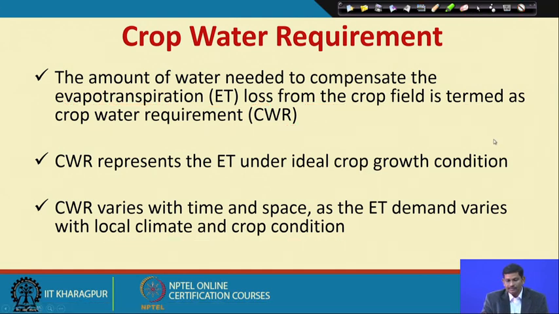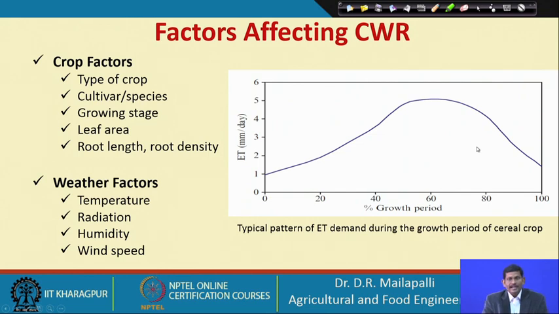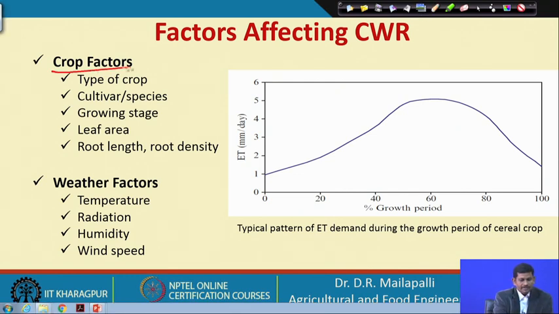What are the factors affecting crop water requirement? Mostly the factors which affect evapotranspiration also affect crop water requirement. Some of the factors are crop factors, for example, type of crop, cultivars or species, growing stage, leaf area, root length and root density.